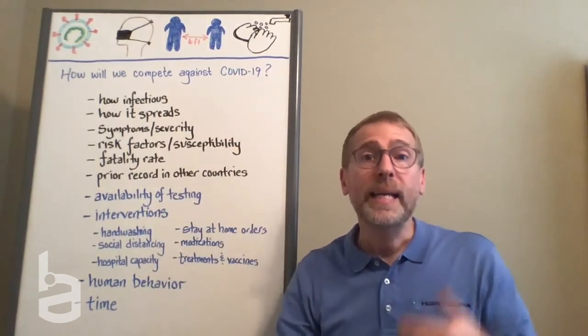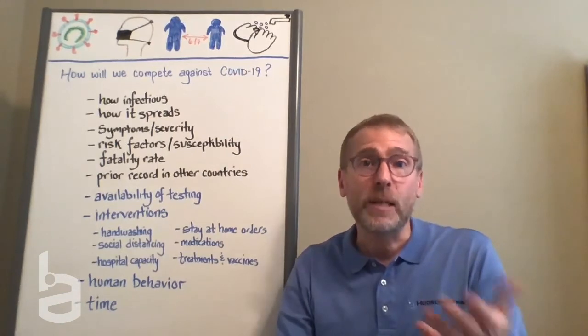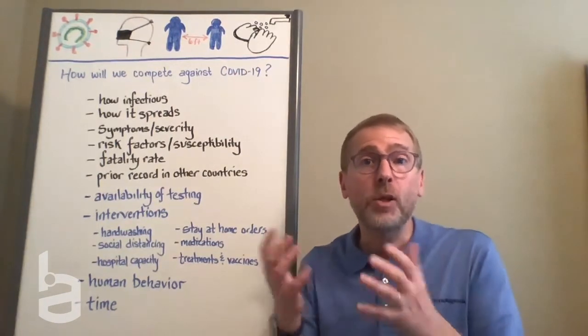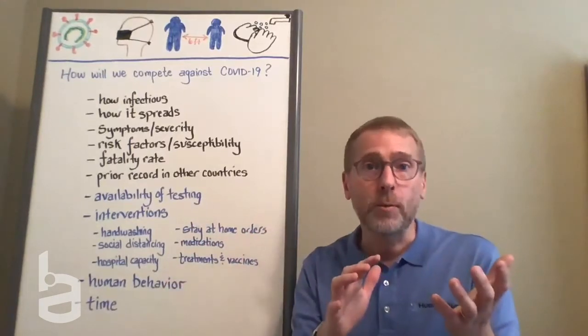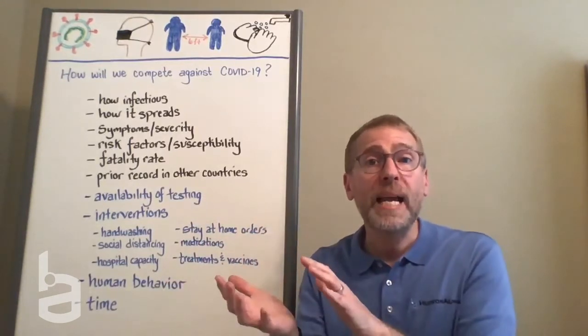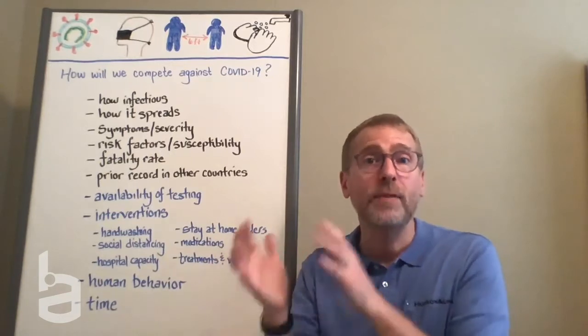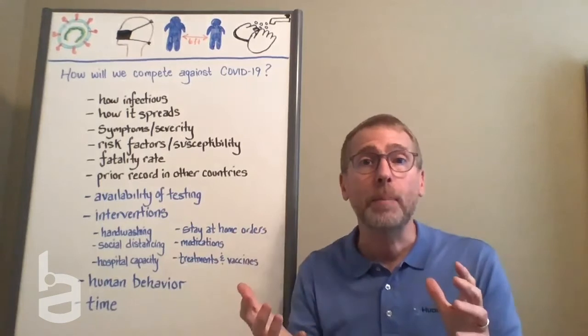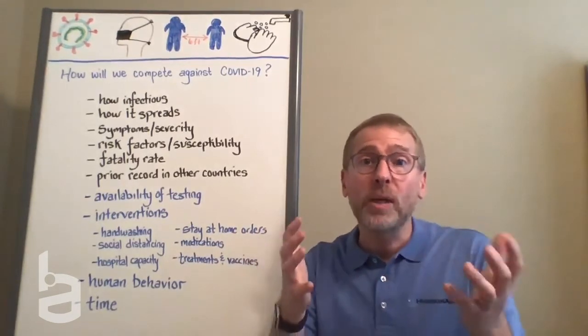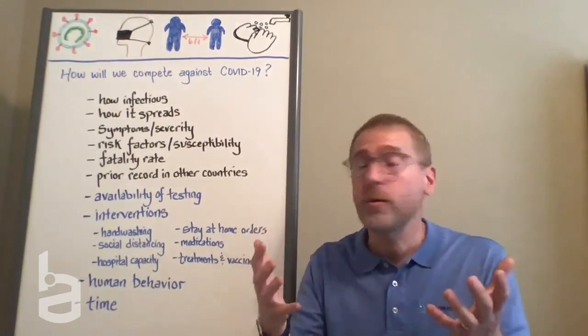What do we know about its relative infectivity? What do we know about symptoms and about individuals that are a higher risk for severity of symptoms and fatality rates? How has this behaved in other countries? And it hasn't behaved the same way in every country because each country has a different makeup of people that are at risk and not at risk and healthcare systems that are prepared or not.